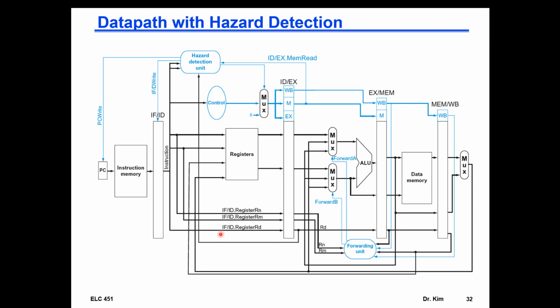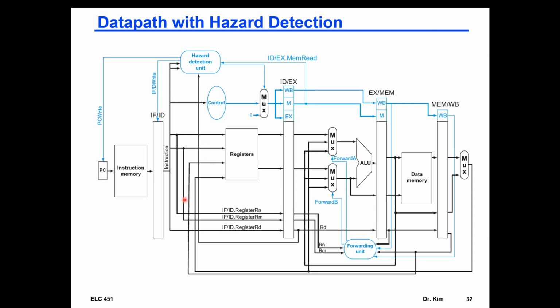and that tells us if this destination is equal to either of the sources from this stage, meaning that, and also if I have a load, right? We have to look if I have a load instruction as part of these inputs here.